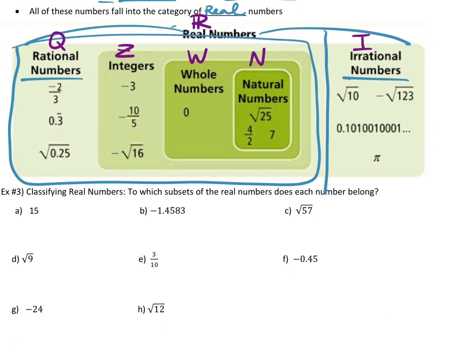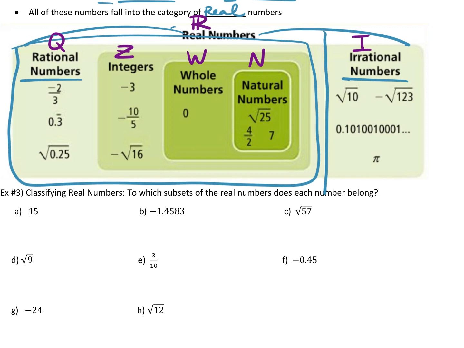All right, so the number 15. And by the way, everything's real, right? You don't have to write real because the question asks to which subset of the real numbers. So real is implied on this one, okay? So it is real. Is it rational or irrational? Rational. It is rational.